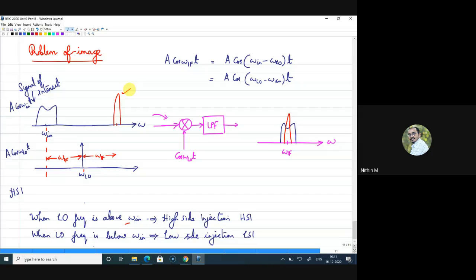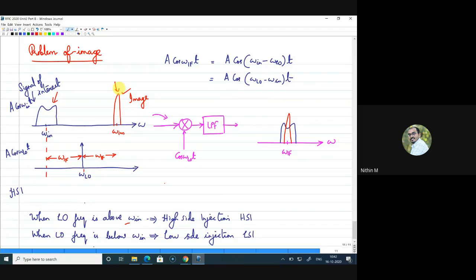This undesired signal frequency is often called the image, and we say this is the image frequency, right? So the problem here is that the desired signal is at omega in, which is located below omega LO. At the same time, the interferer or the image signal is appearing above omega LO, and both omega in and omega IM are separated from the local oscillator frequency equally, by plus omega IF on one side and minus omega IF on the other side.